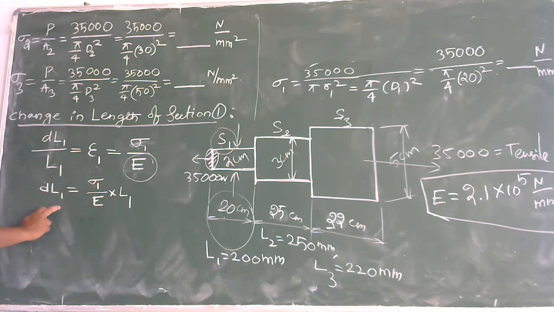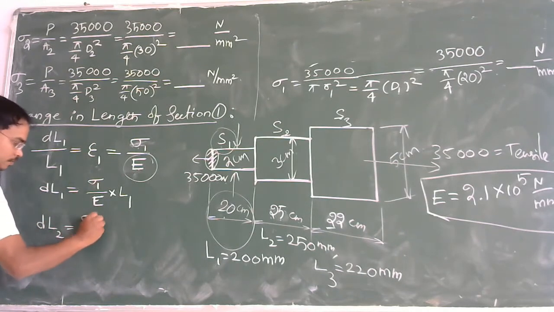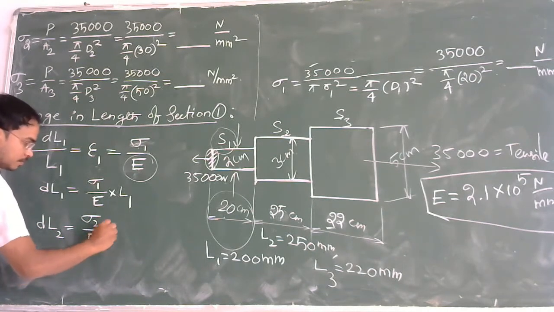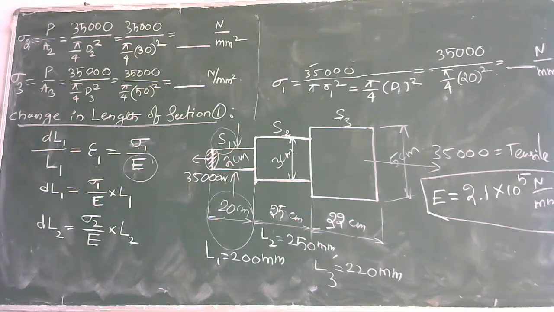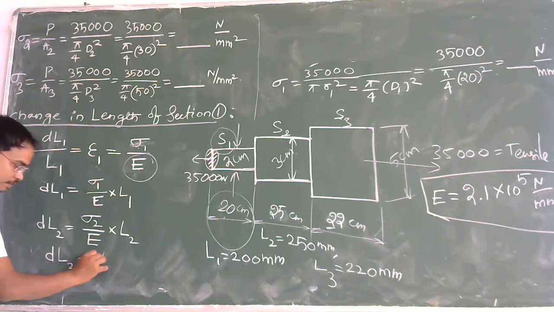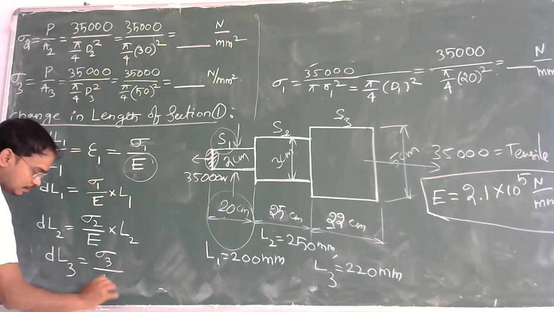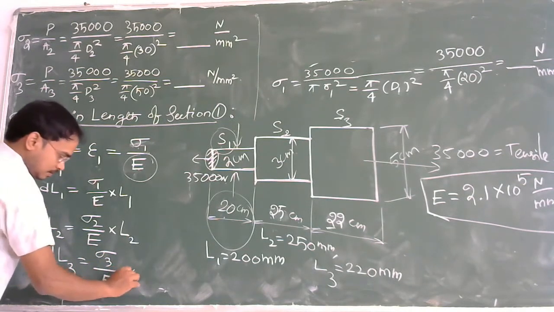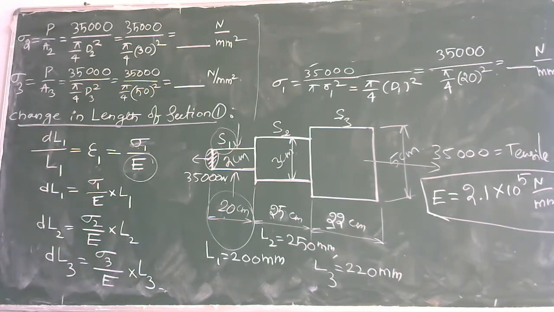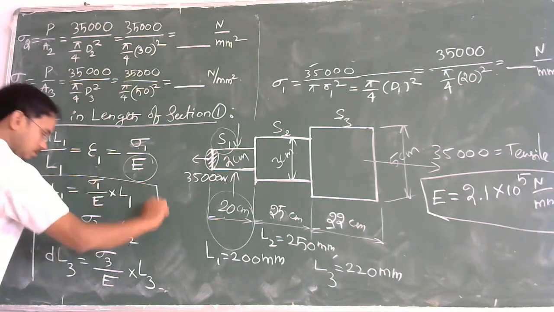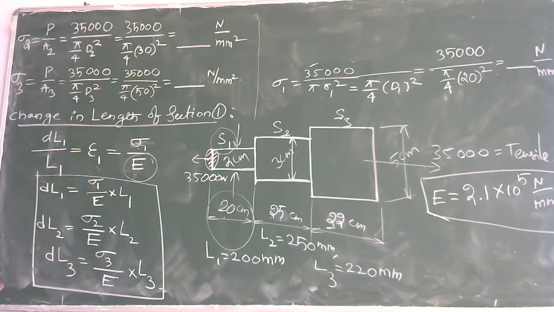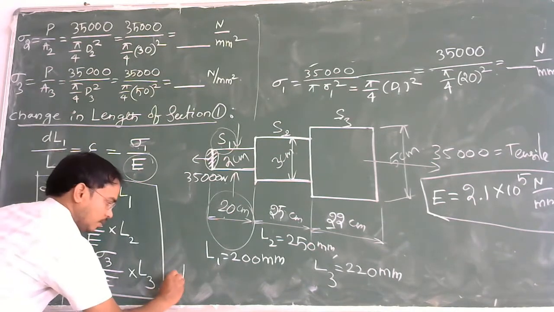You will get dl1, dl2, and dl3. What is the overall change, dl?